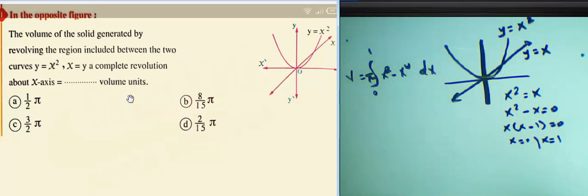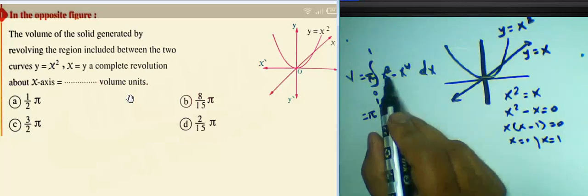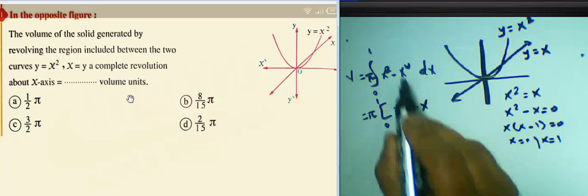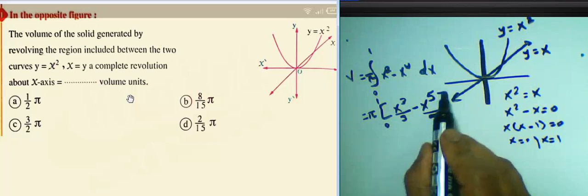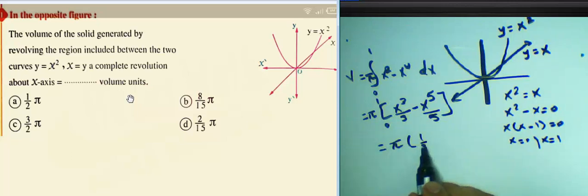We can use a calculator to find the result, or you can write 0 and 4, and here add 1 and divide by the new power, and here add 1 and divide by the new power, from 0 to 1. Put 1 here, the result will be pi multiplied by 1 over 3 subtract 1 over 5, which is 5 minus 3 equals 2, and 3 times 5 equals 15. The result will be 2 over 15 pi volume units.